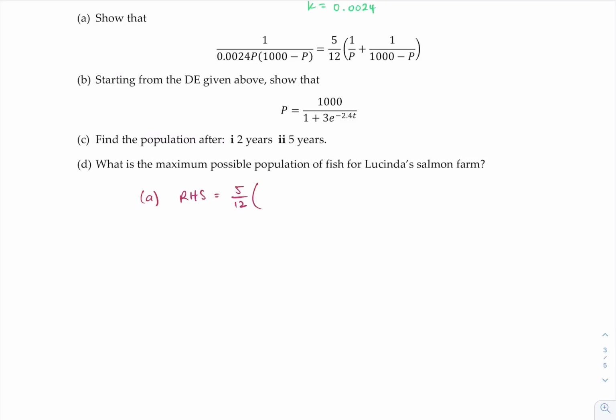So it's 5/12 of 1,000. Now 5/12 of 1,000 is 1250 over 3. Calculator can tell you that.